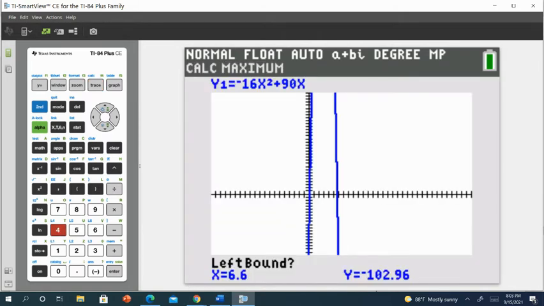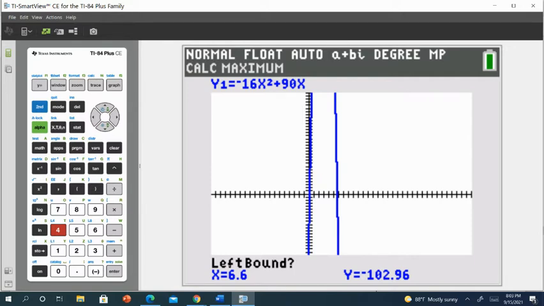This next part, you really need to focus on and listen to what I'm saying, because it's kind of confusing in a video. At the bottom, it says left bound. What that means is you have to tell the calculator a region to look.